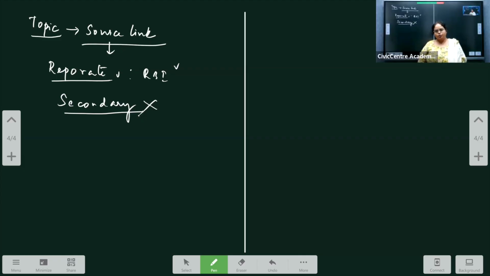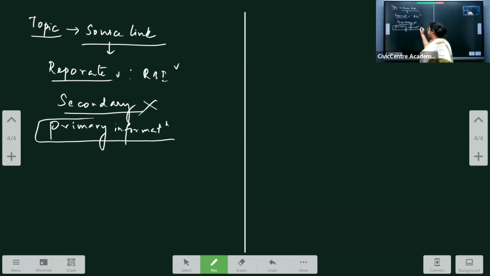If you are referring to any kind of news article, you will have to see from where the news article has been picked up, right? So even the news article is written on basis of some primary information, right?